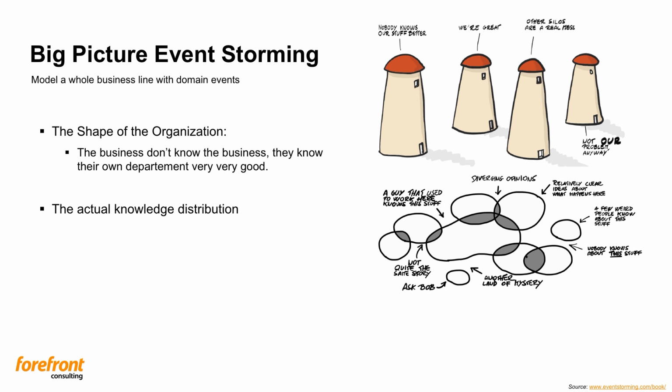When you try to map out the whole process or value stream, you will find, okay, who does this part? And it's usually just one or two guys, or no one really knows, which is kind of interesting. So it's good for aligning what you're actually doing and finding the gaps in that as well.